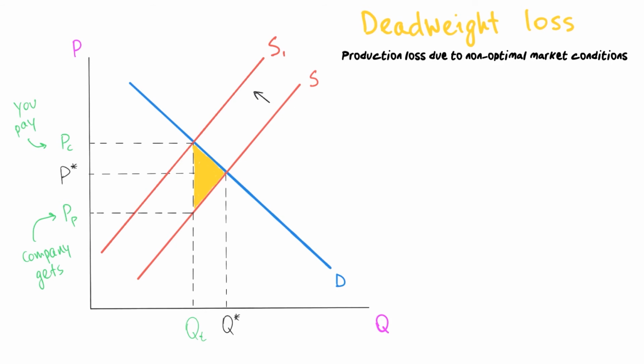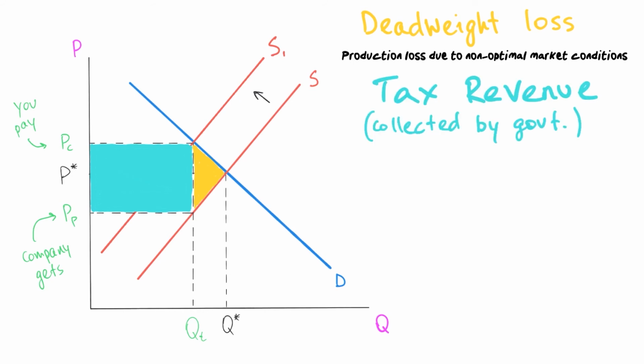And this rectangle bounded by PC, PP, QT, and the vertical axis is the tax revenue in dollars generated by the government. Now, if you think about it, the formulas for both the deadweight loss and the tax revenue are pretty obvious. Because deadweight loss is a triangle, we just use the formula of a triangle to figure out the dollar value. So the deadweight loss is equal to 1/2 times the price difference times the quantity difference, right?